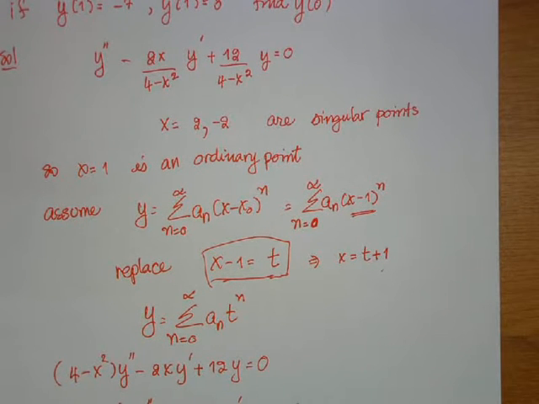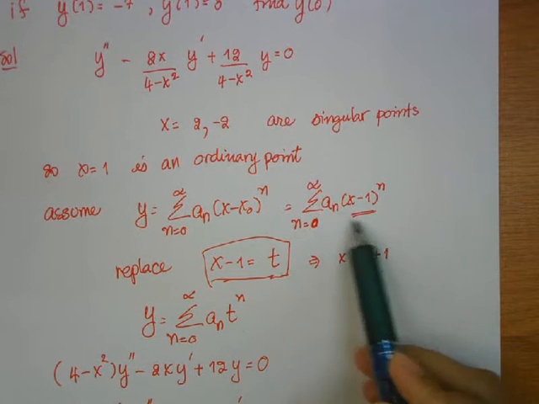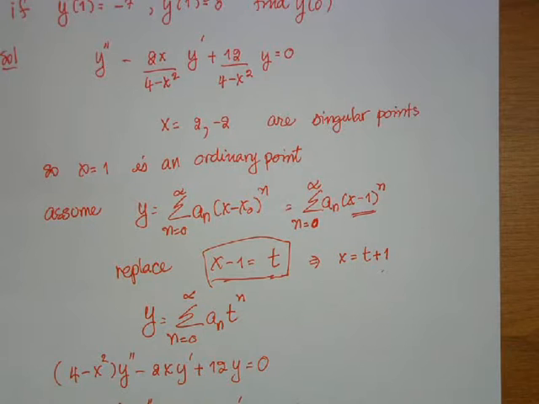But from this, it's hard to solve this differential equation if you keep the term x minus 1. So I assume that x minus 1 is equal to t, in order to make the term inside become only one parameter.